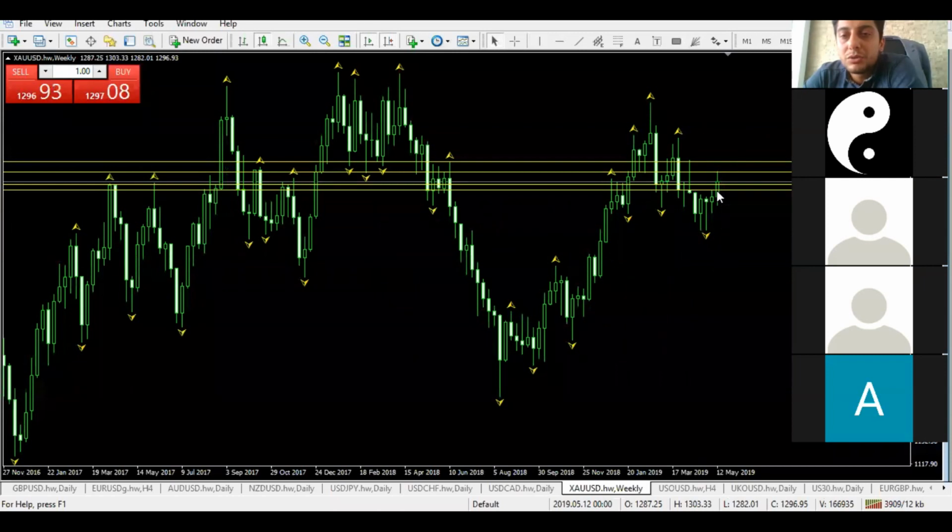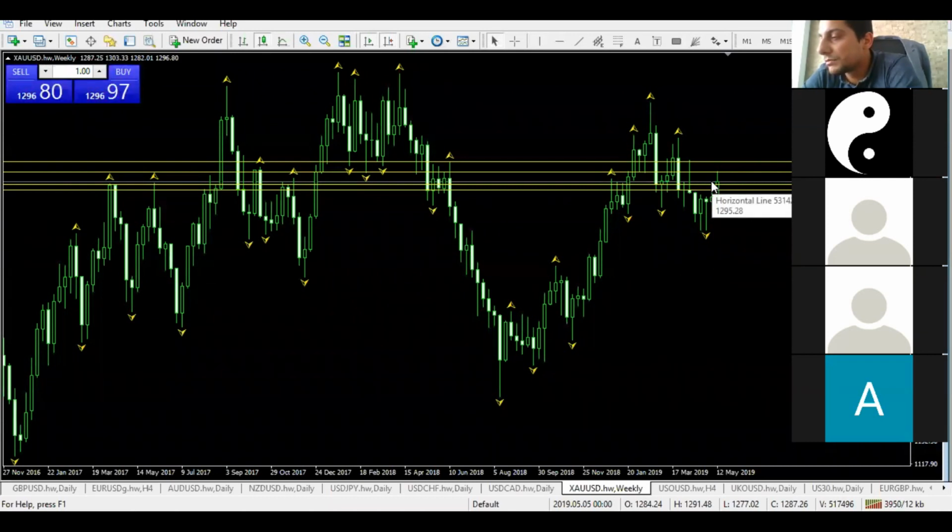Like in the weekly time frame right now, I can't open a buy order according to this candle that has gone up and down, because it has already given you the answer in the weekly time frame. So each candle should be analyzed in its own time frame, and you get the signal from that time frame.